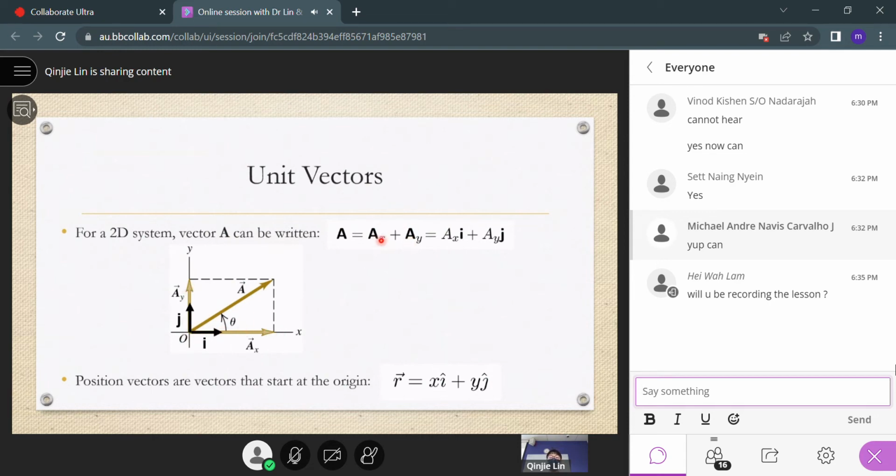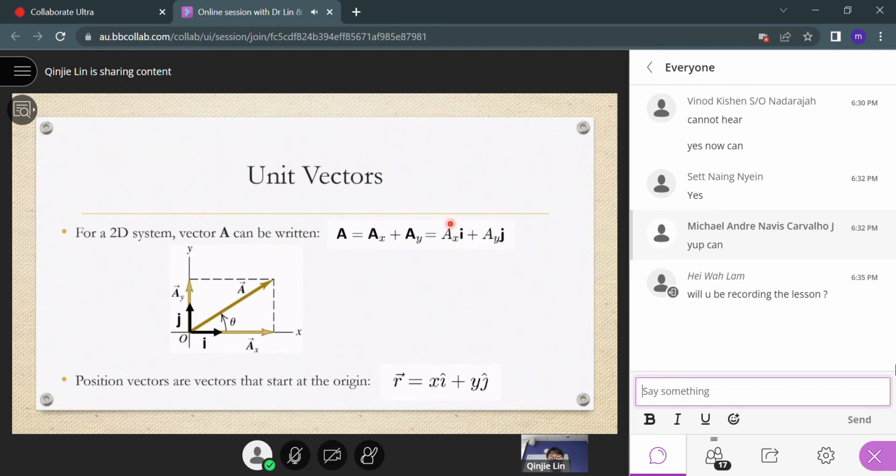Now if we write this AX and AY as unit vectors, it will be like this. There will be a vector at the end. This i represents the X component. So this AX now becomes just a number, a scalar. It can be like 5 or 3 or 2.